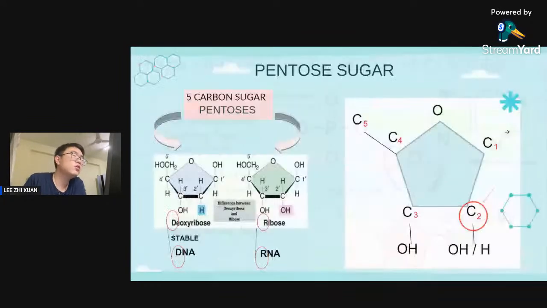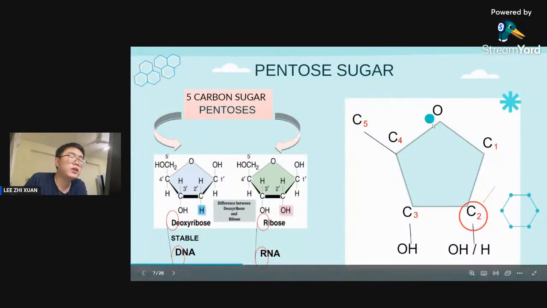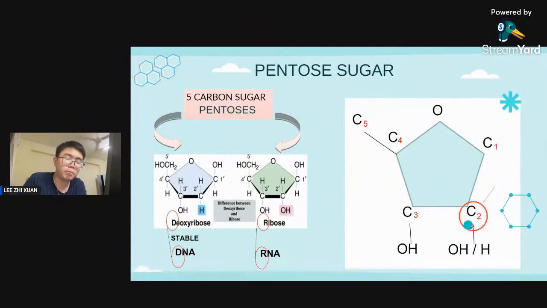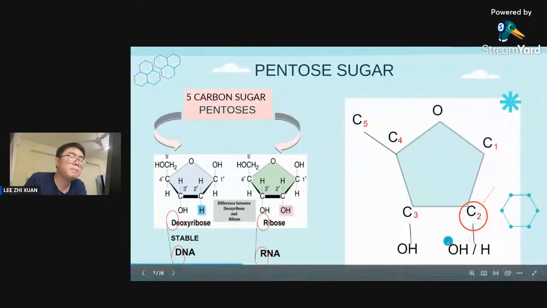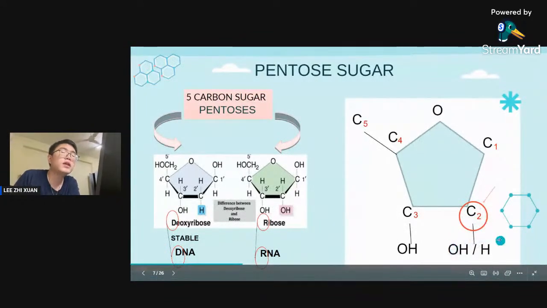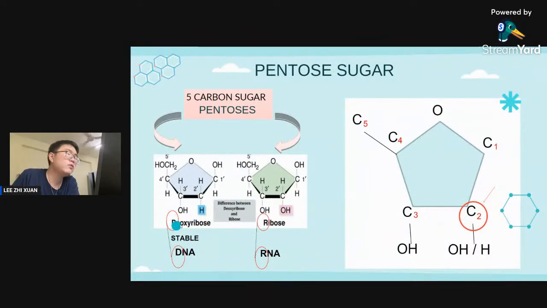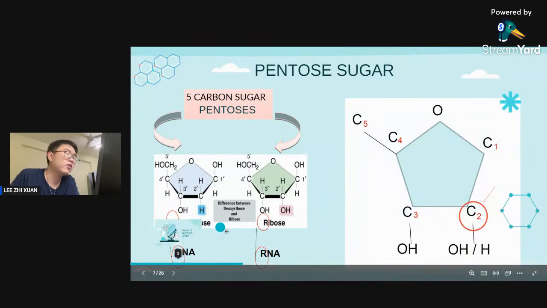When we talk about the pentose sugar, this is its structure. It is a five carbon structure, and at carbon number two, it can have either a hydroxyl group or only a hydrogen atom attached to it. This is how we differentiate between DNA and RNA. Why do we call DNA as DNA? Because of deoxyribose.